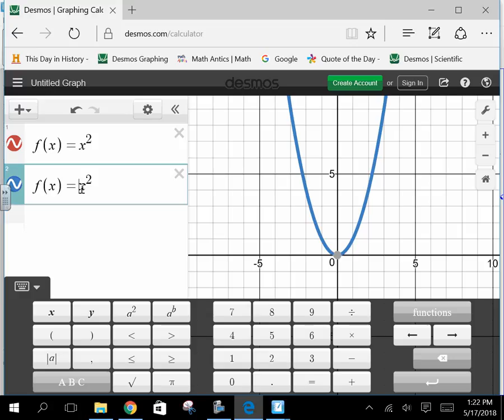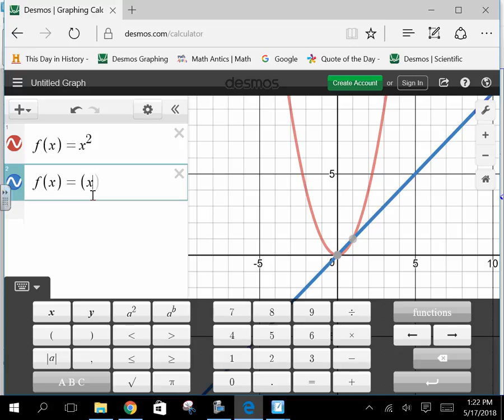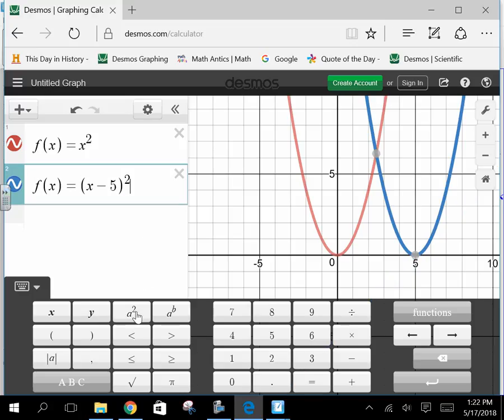Minus what? 5. You're the man. Watch this. Minus, one more time, Ruano. Minus what? 5. And look what I'm going to do. I'm going to shut those parentheses, and I'm going to put a second power, and look what I did.